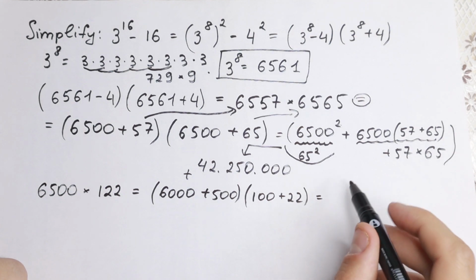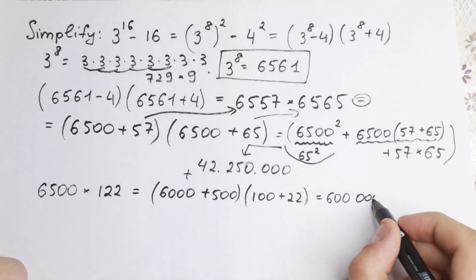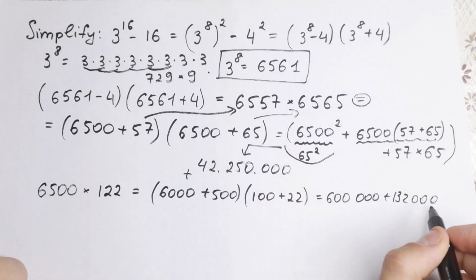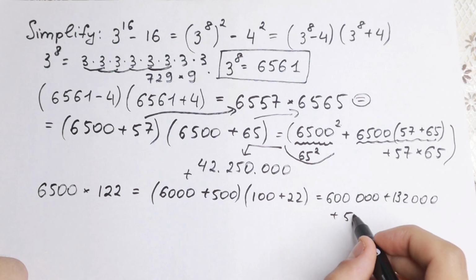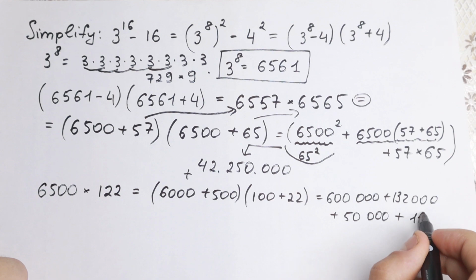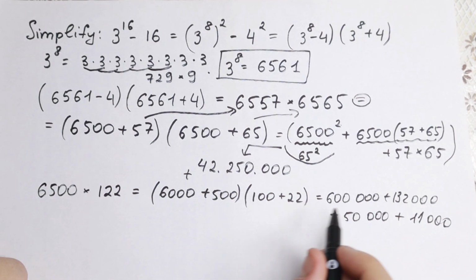Okay, multiplying both parentheses, we have 600,000 plus 132,000 plus 50,000 and plus 11,000 when you multiply by 500 plus 22. So let's add all of this.